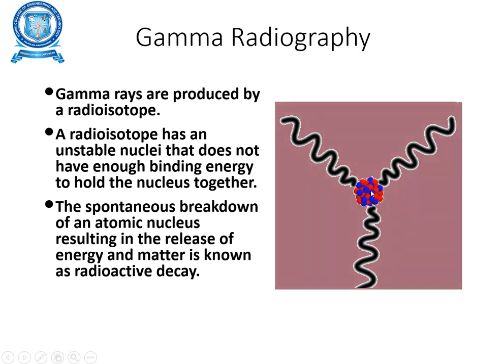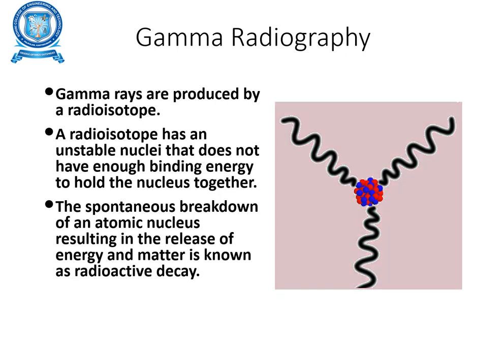So this radioactive isotope usually has an unstable nucleus that does not have enough binding energy to hold the nucleus together. So this nucleus would break down spontaneously, resulting in the release of energy and matter, which is known as radioactive decay.